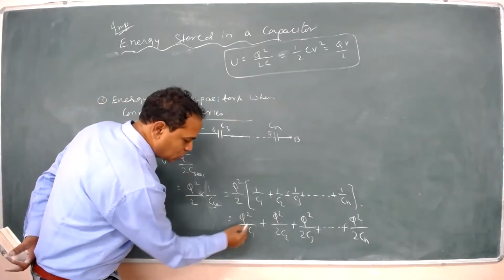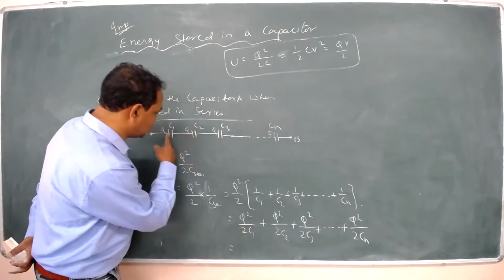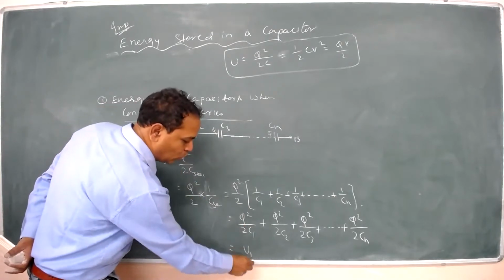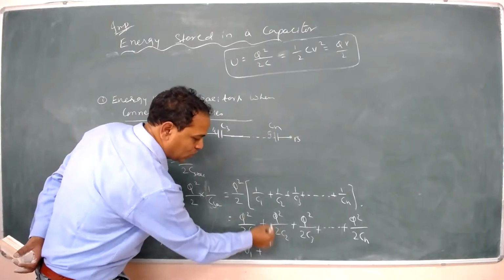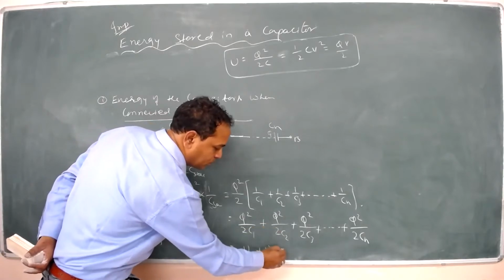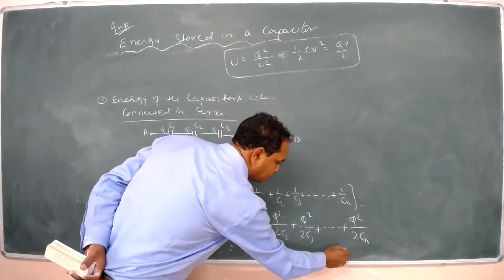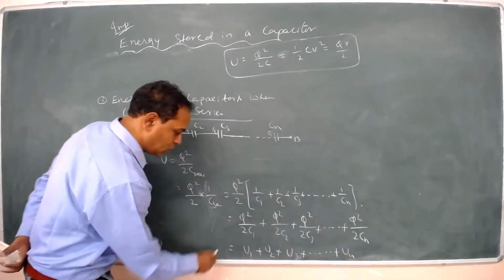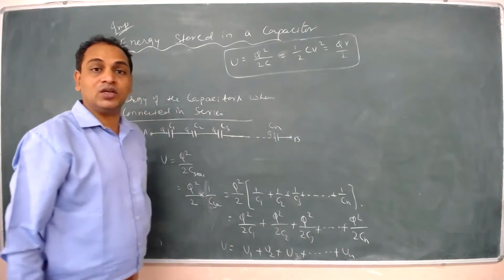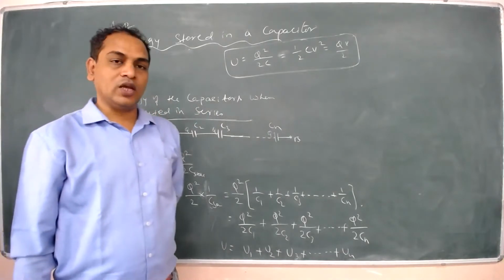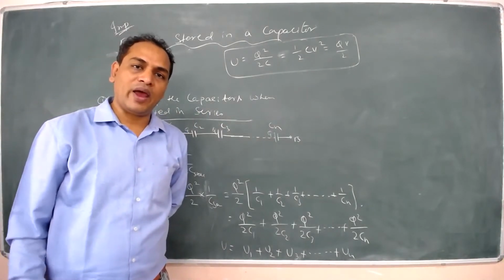So this is the potential energy of the first capacitor, that is U1, plus the second one, U2, U3 and so on. That means the potential energy in case of series is directly added.